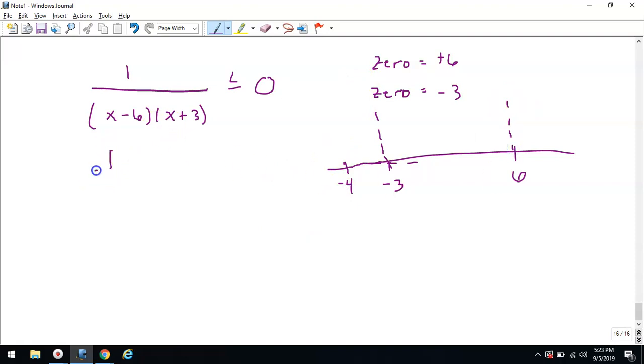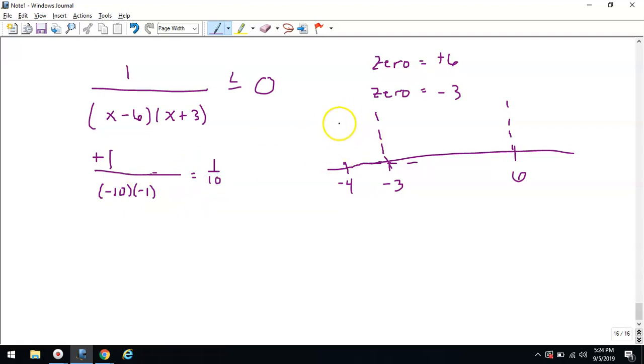If I put -4 in, all I really care about is my denominator being positive or negative, because I know my numerator is going to stay positive. -4 minus 6 is going to be -10 times -4 plus 3, which is -1, and that makes the whole thing positive because it's going to be +1 over +10.